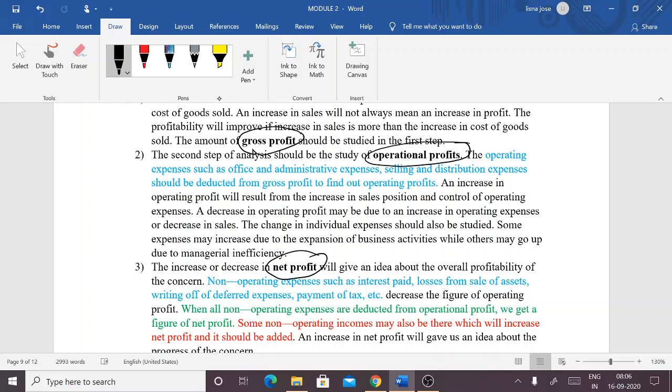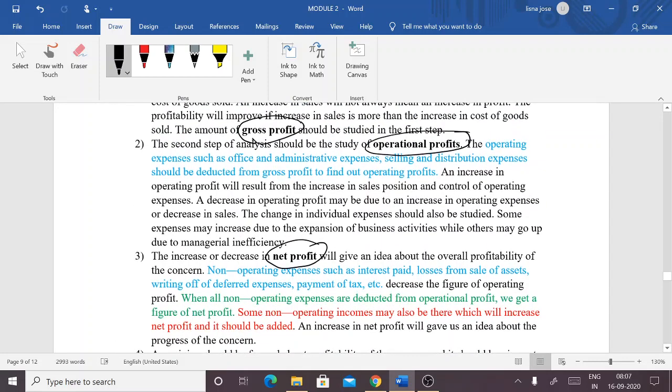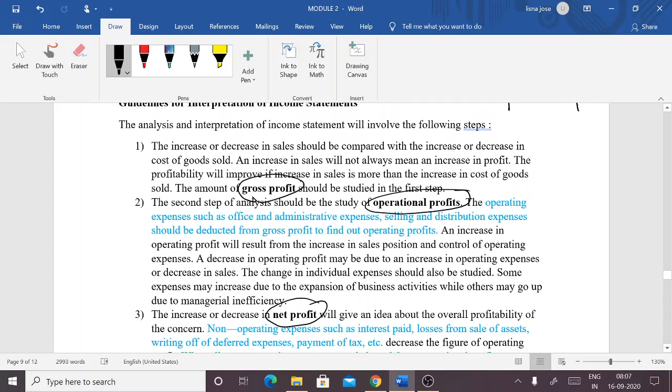And in the last step, we will give an overall opinion about the profitability position of the company, whether it is good, bad, favorable or unfavorable. So in that way you can comment.